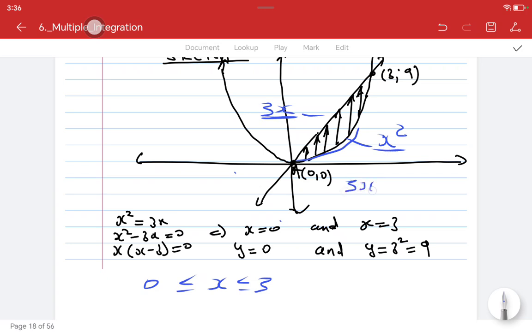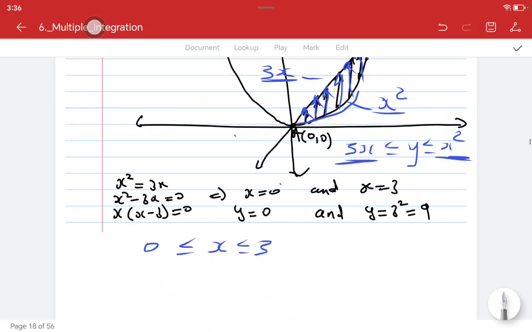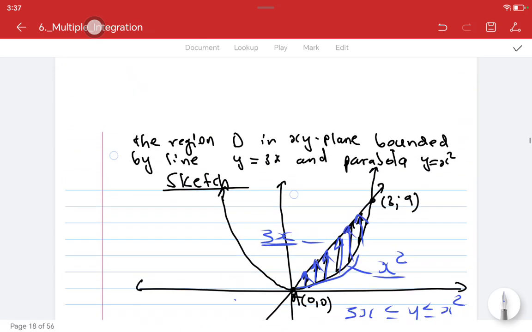So this is 3x less than or equal to y less than or equal to x squared. This is still a type 1 region because x is on the interval. So I must point up again. You don't just guess to point up or point down. As long as x is on the interval, that is a type 1 region.